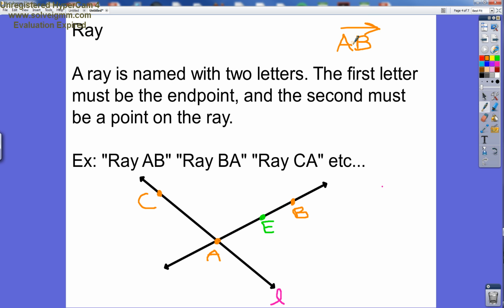Now, it's important to note that the order of the letters actually matters this time. Before it didn't. Before it could have been AB, BA, whatever. But now A is this first letter right here. In this case, A is always going to be the endpoint.